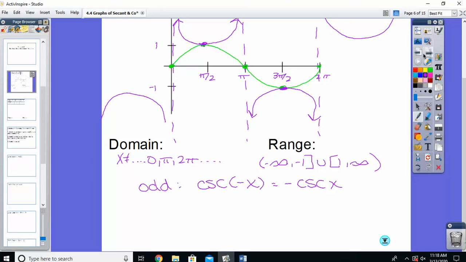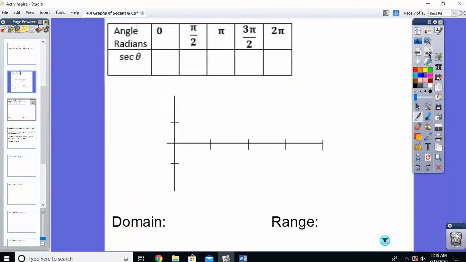Let's do secant. Secant is the reciprocal of cosine. Cosine of 0 is 1, so secant would be 1.